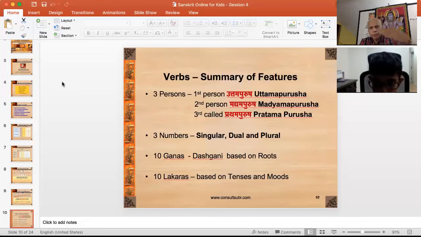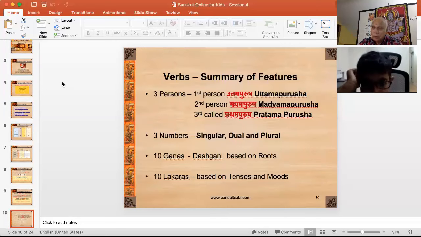The second person is he, which is a Madhyama Purusha. And the third person is called Prathama Purusha. So you have these 3 persons, which is one of the features, like in English, you have in Sanskrit too.